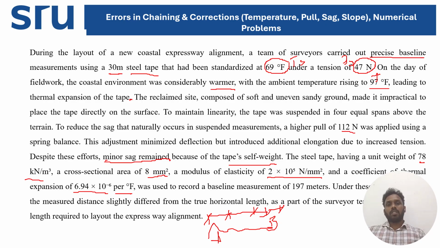After doing all these things, the measured baseline was 197 meters. You have to do all the corrections and identify whether your measured length is accurate or not, and after your corrections, what is your actual length. That is the question. As a surveyor, you are supposed to give the solution for the above question.